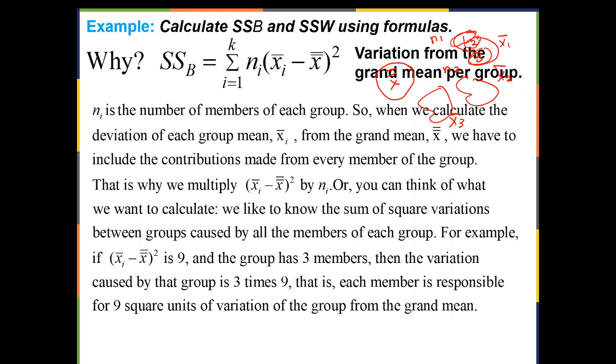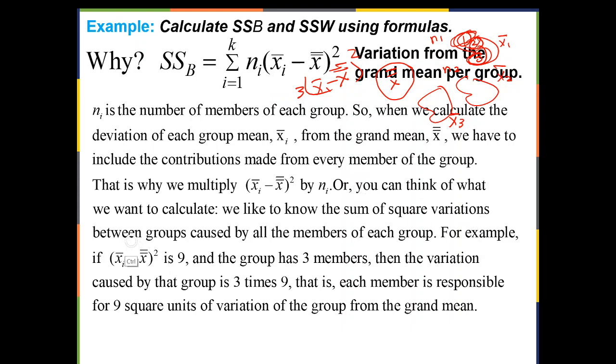So when I write x1 bar minus x double bar, squared, I have to do that for this member, for that member, and for the other member. That means I have to do it 3 times, and then do the same thing for group 2 and group 3. So that's where the formula comes from.